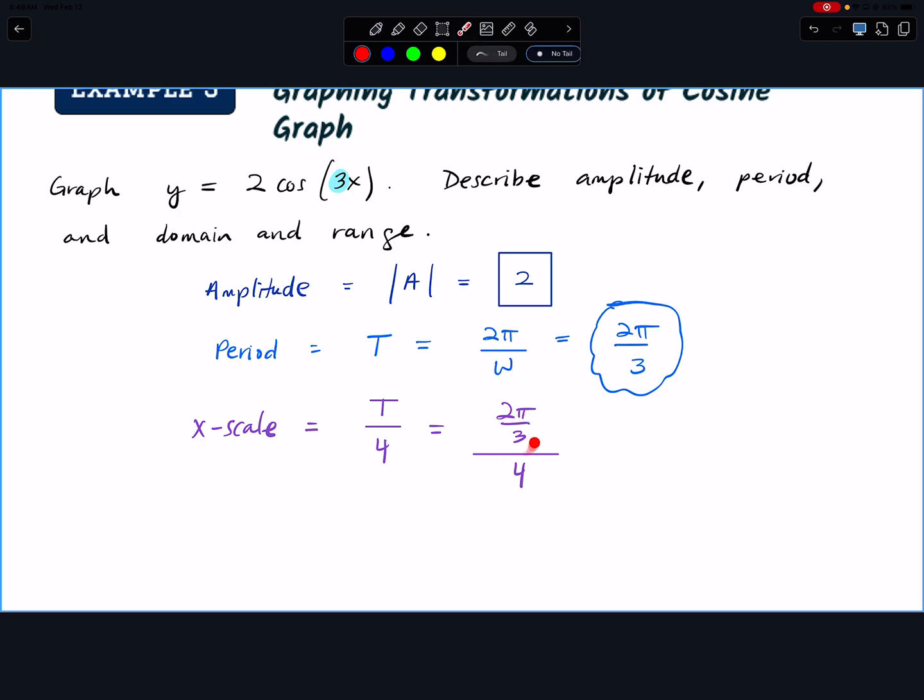If I take this value and divide it by 4, it's the same thing as 2 pi over 3 times 1/4. The 2's cancel. So our x scale is going to be pi over 6.